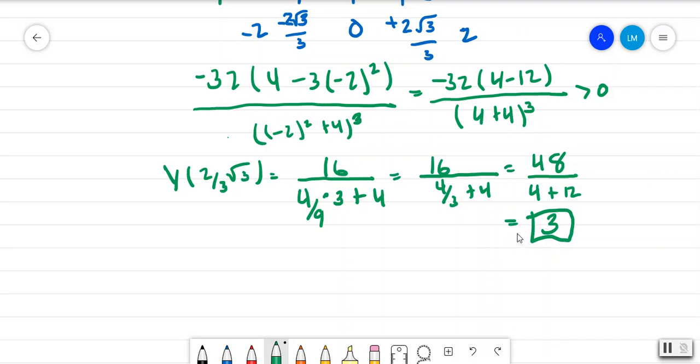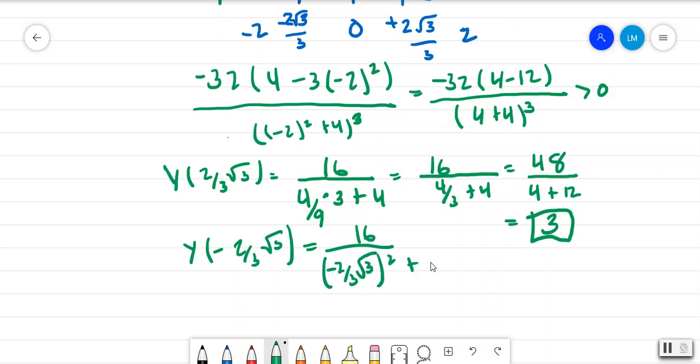So y of negative 2/3 root 3, when you plug it back into this equation, 16 divided by negative 2/3 root 3 squared plus 4, is also going to equal positive 3.